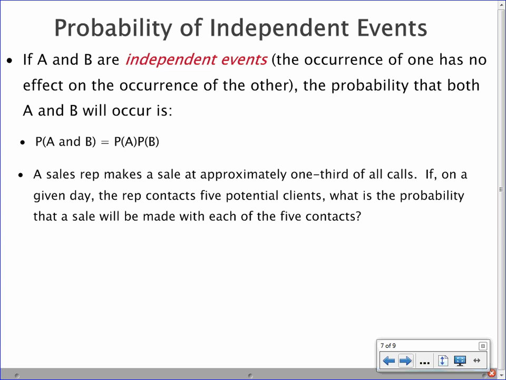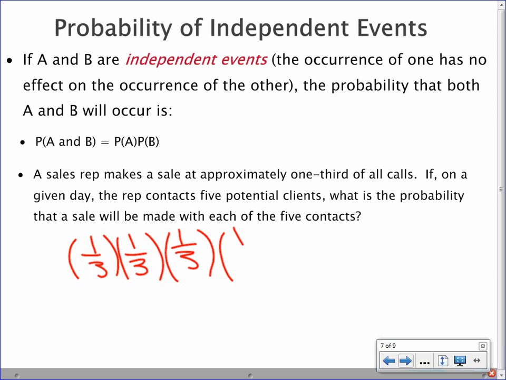No. Each time she calls, she has a 1 out of 3 chance. So the first person she calls, she has a 1 out of 3 chance. The second person she calls, she has a 1 out of 3 chance. The third person, the fourth person, the fifth person.